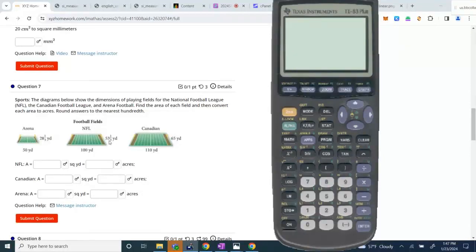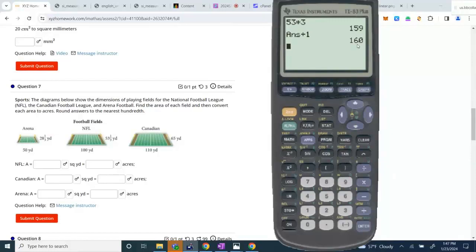I would have to multiply 53 times 3, and then add 1.